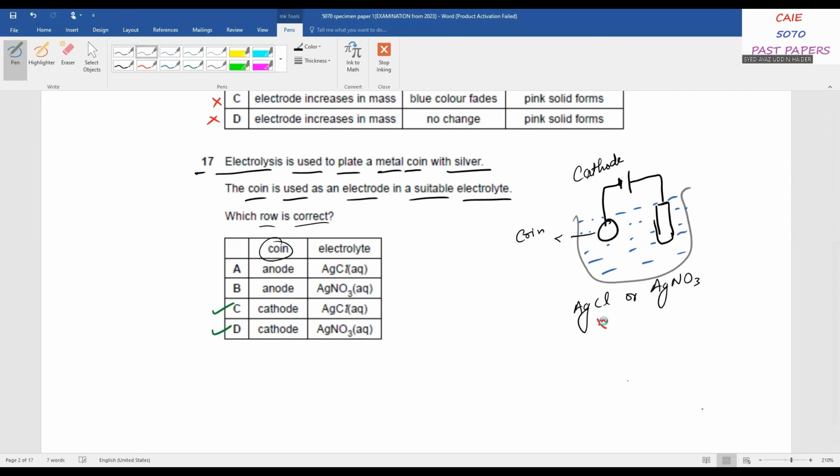AgCl is incorrect. The reason is that in AgCl, Cl will get deposited at anode to form chlorine gas, and chlorine gas will react with silver. So we need silver ions to be compensated in the solution, and it should be coming from one of the electrodes, which is anode here.